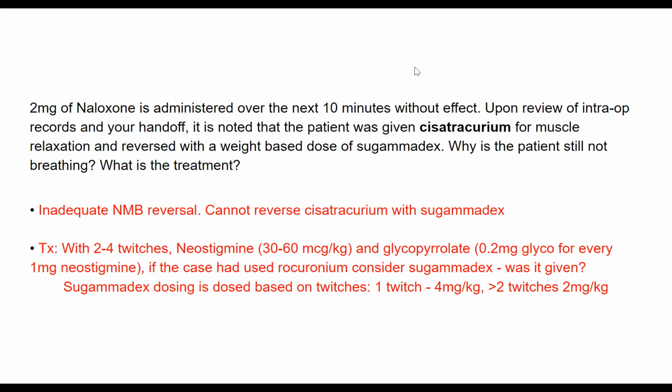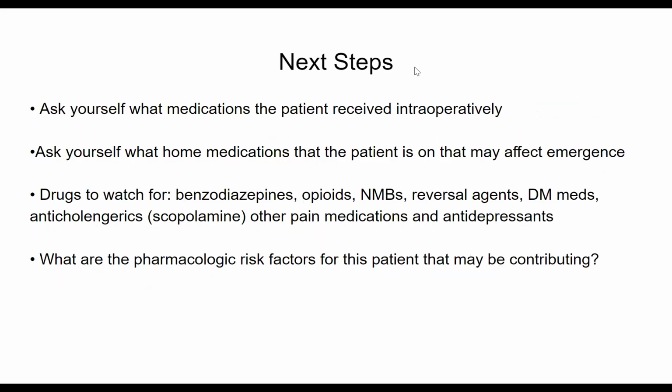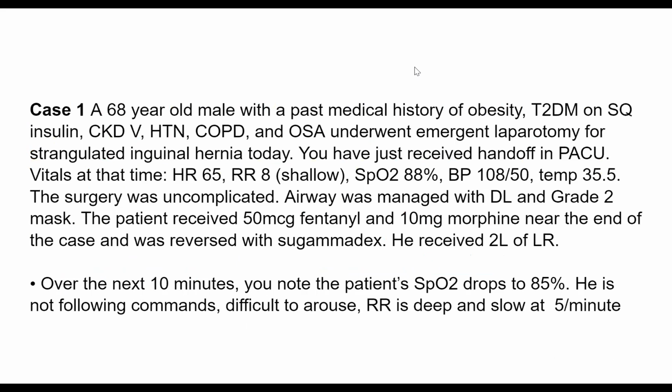So upon review of the intra-op records and the handoff, it's noted that this patient was actually given cisatracurium. So this patient, if you recall, had CKD stage 4. So we'll assume their GFR was very low. Rocuronium and sugammadex are excreted through the renal system.